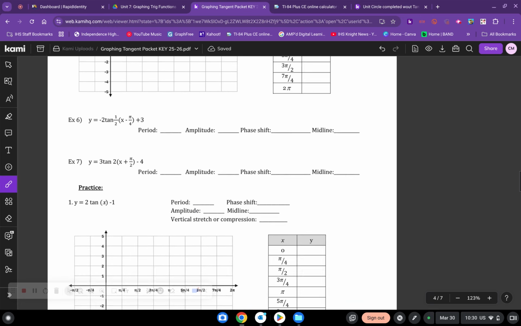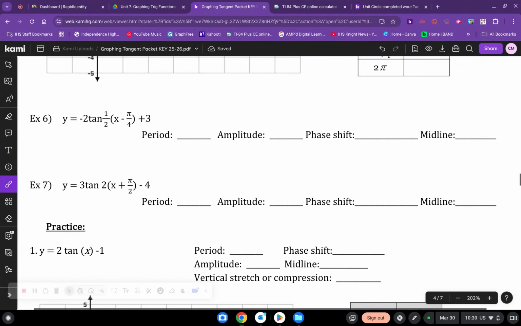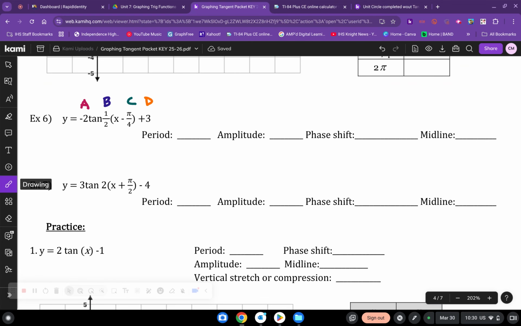If we go over to examples 6 and 7, just filling in these key attributes, let's take a look. I'm going to label A, B, C, and D. The value of A is -2, to be completely honest, but the amplitude is none.